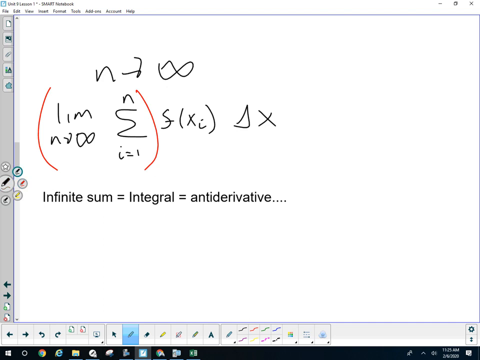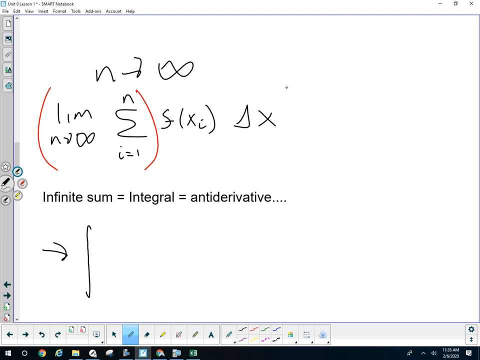And mathematicians are like, I don't want to write this all the time. This takes too long. So they decided to use a very skinny s for sum. This is actually the origin of the integral. The origin of the integral was to represent area under a curve represented by an infinite sum.